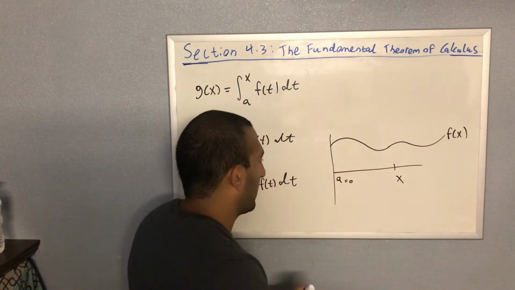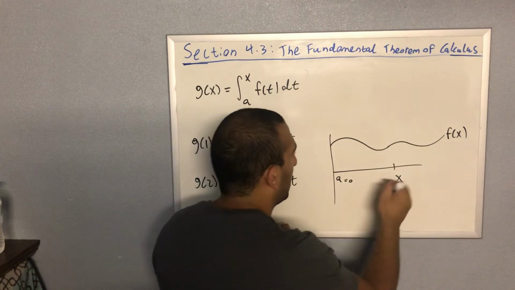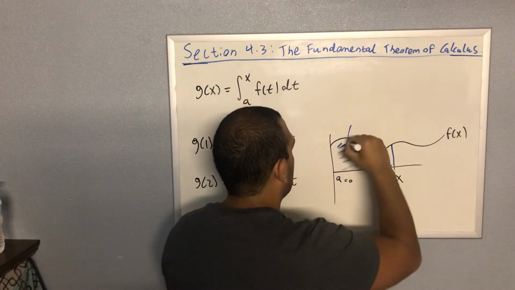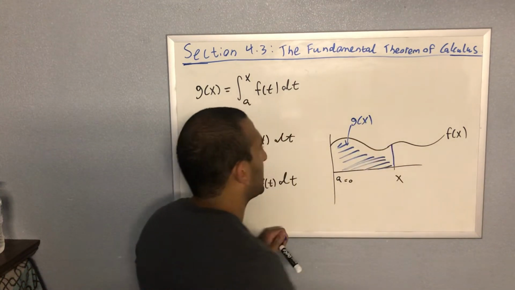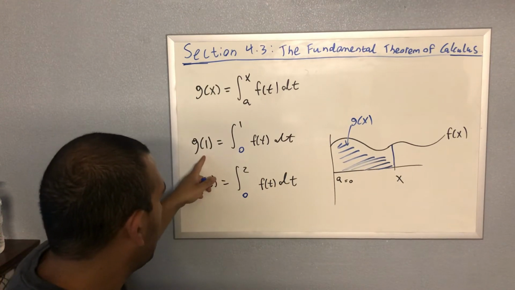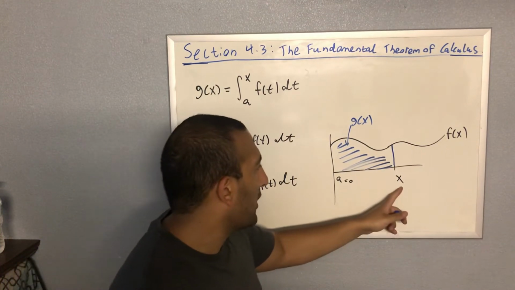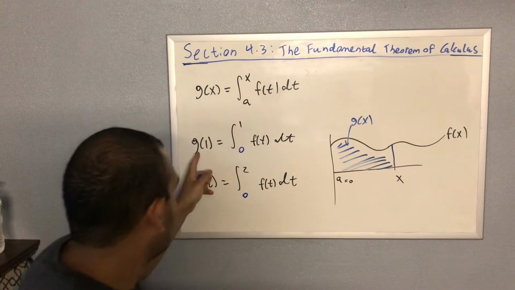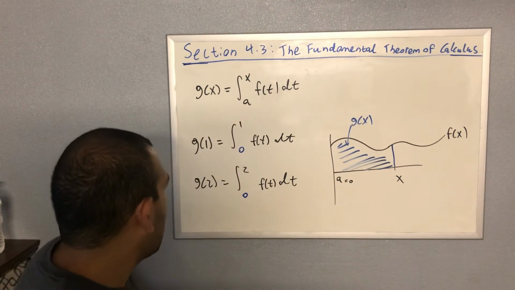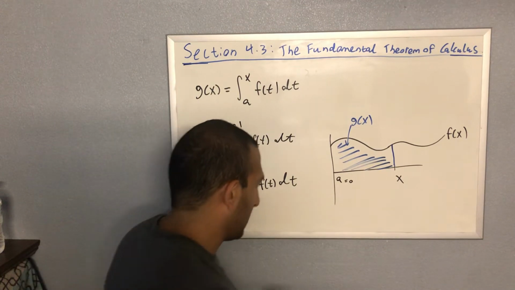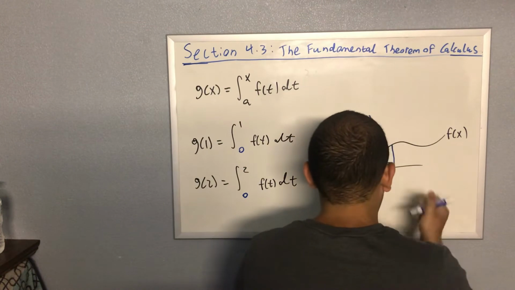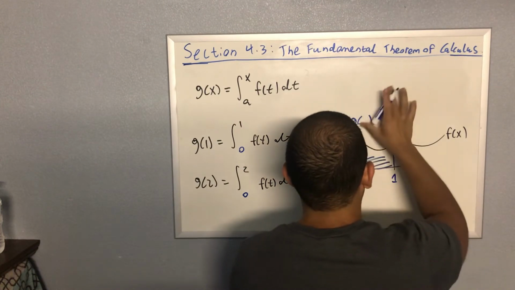Then the area from a up to the point x, whatever this area is, this is what g of x is. That's what the output is. So for example, when x was 1, the area from 0 to 1, that would be the output at 1. So this would be g of 1.